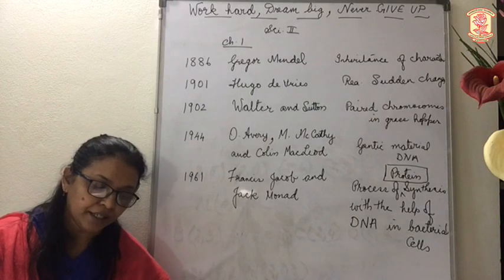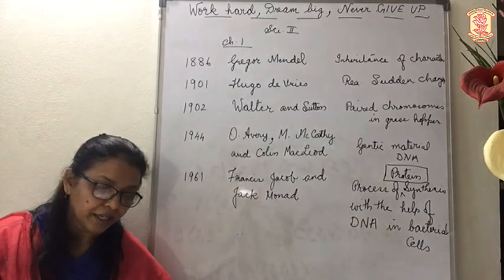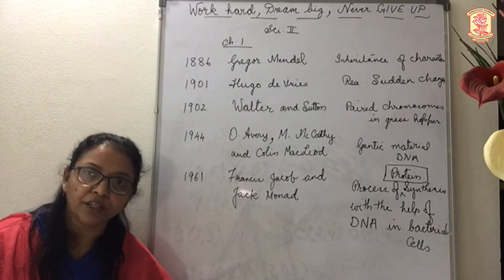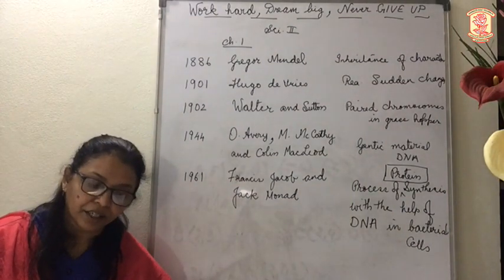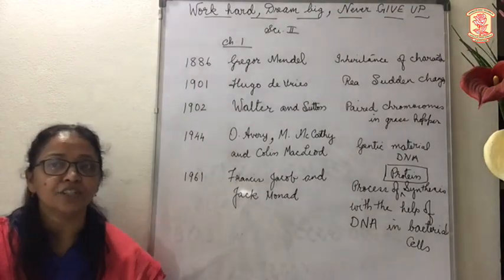Well, the next scientist who came up in 1901 is Hugo de Vries. His study topic was mutational theory. His discovery was the reasons behind sudden changes.